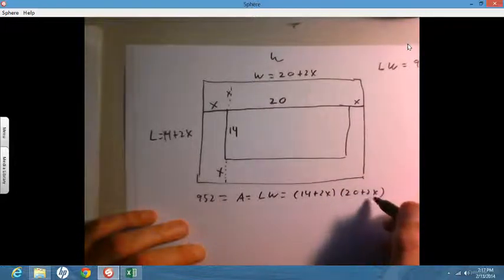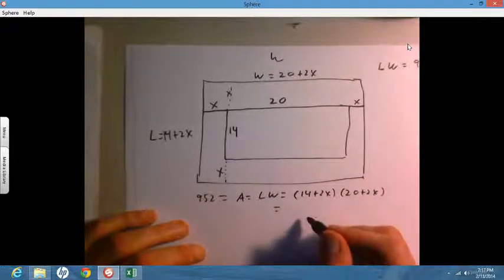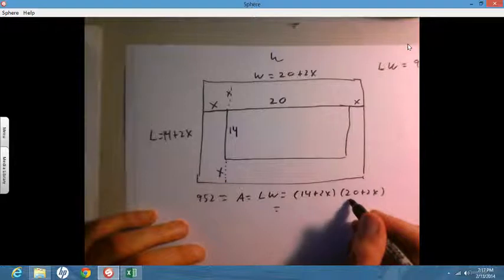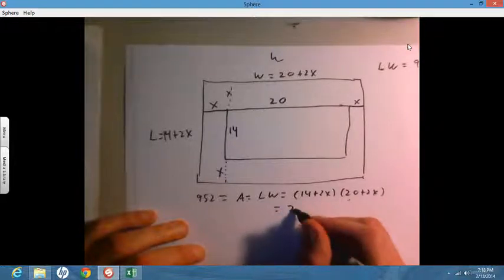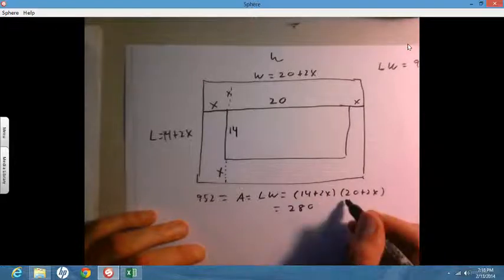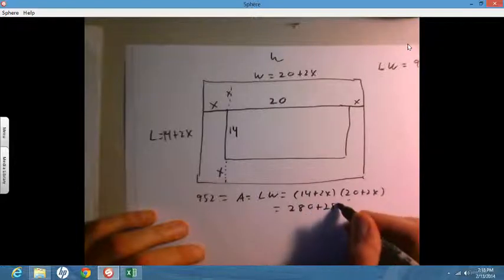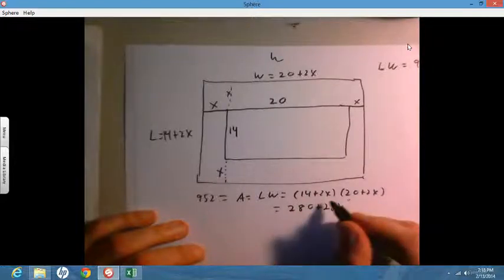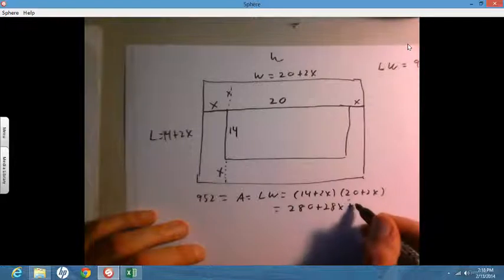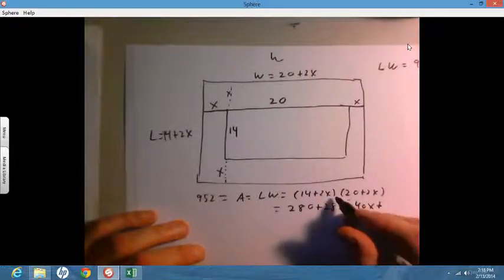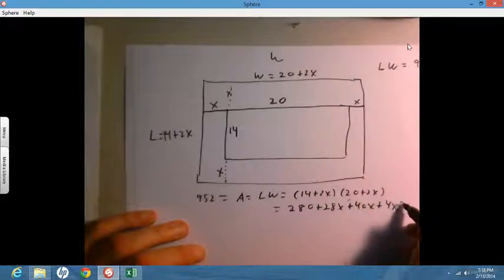Now if we FOIL that out, we're going to do 14 times 20, which is going to be 280. Then we're going to do 14 times 2x, which is going to be 28x. And then we're going to do 2x times 20, which is going to be 40x. Plus the last two, which is going to be 4x squared, is going to be equal to 952.